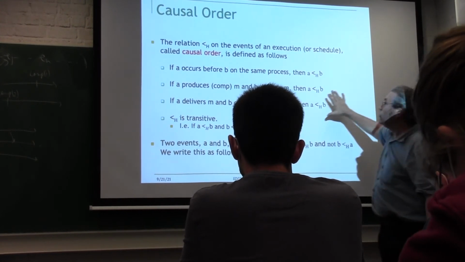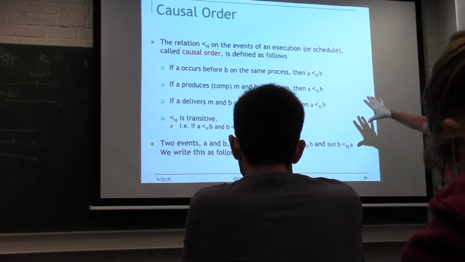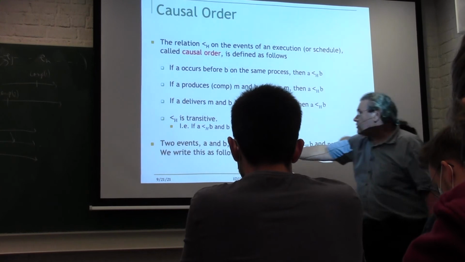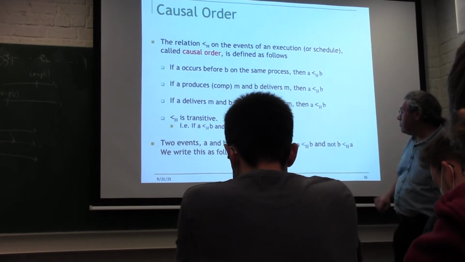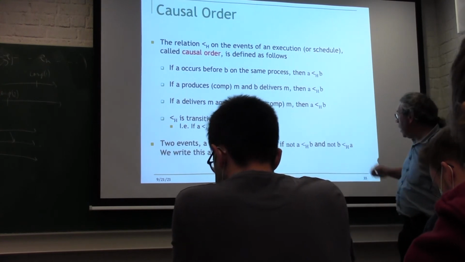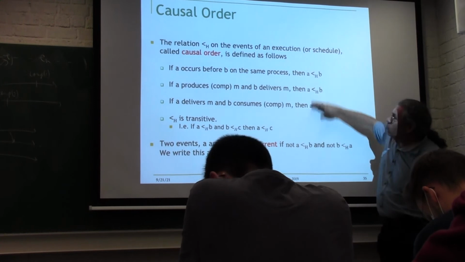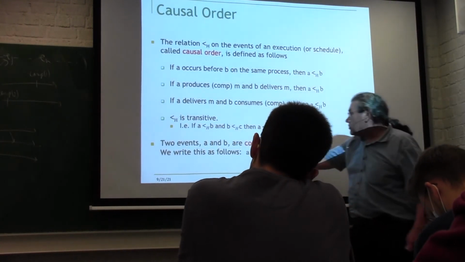So this is important. In a distributed system, that's all you really know, is the causality between events. And two events are concurrent if A is not happening before B, and B is not happening before A. So anything that is not covered by one of these cases is concurrent, and it's written using the two parallel lines.